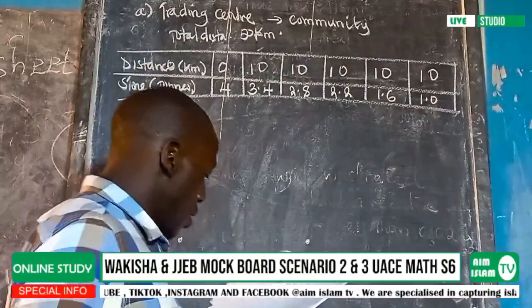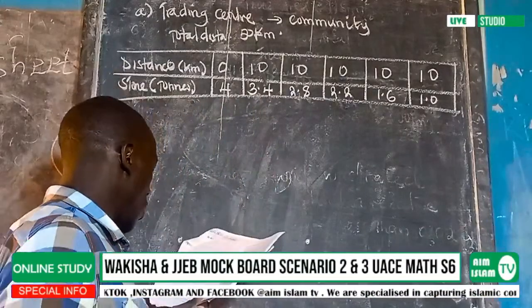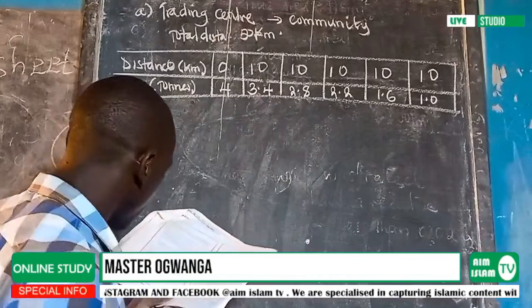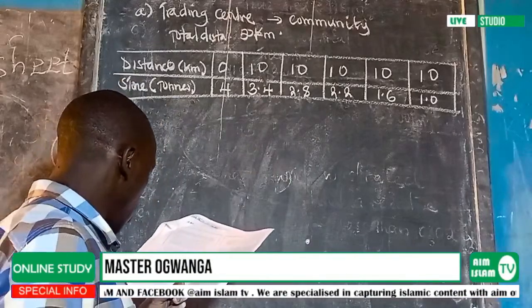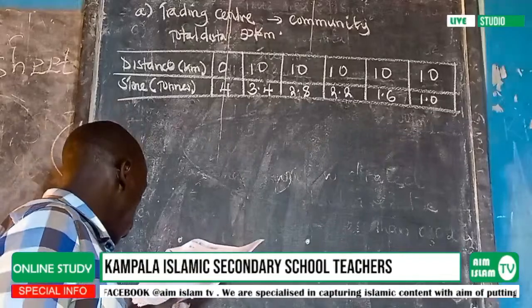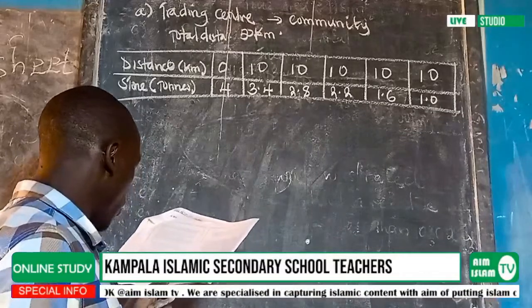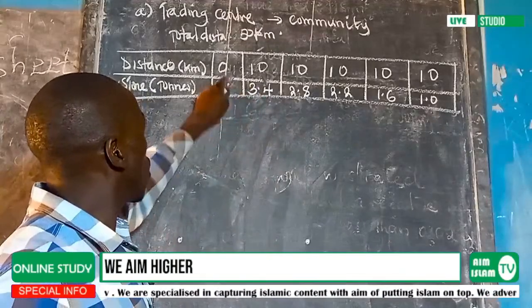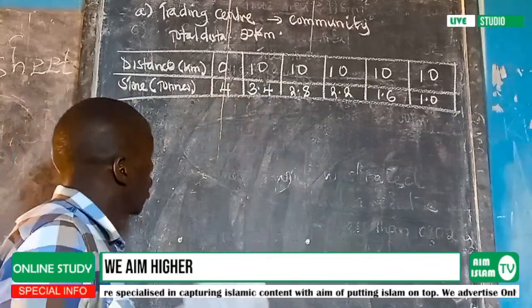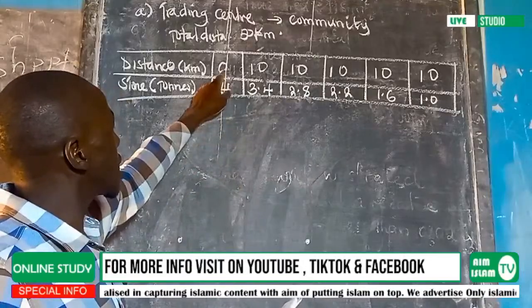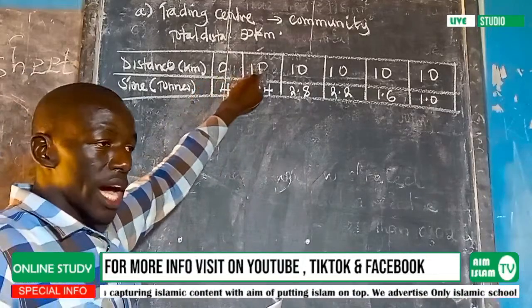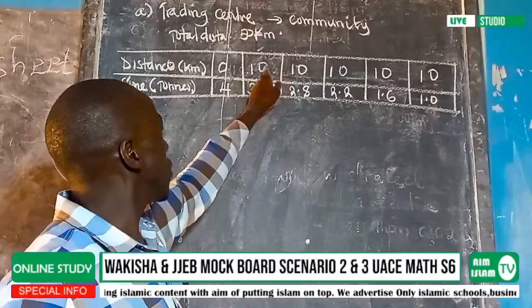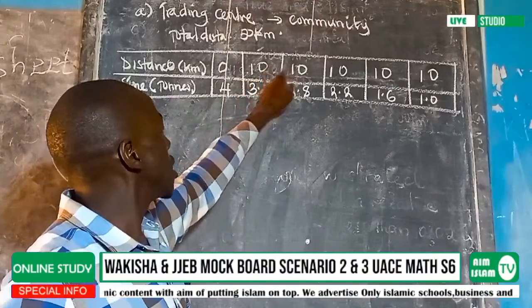So we can move on by looking at the number of tons, because they are saying that we should help the engineer who wanted to know at 9 kilometers. At 9 kilometers, we look at the 9 kilometers. The 9 kilometers is going to be between 0 and 9, because if I said it is between somewhere here, this is 20.